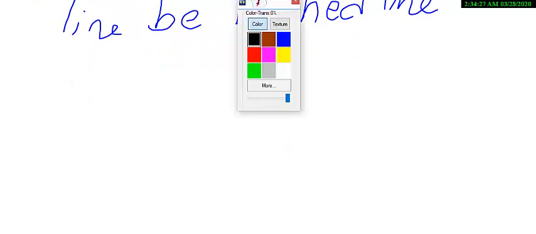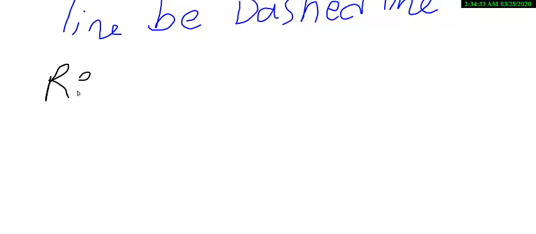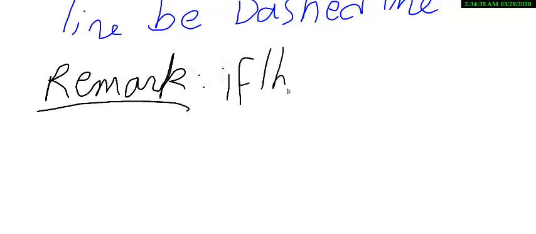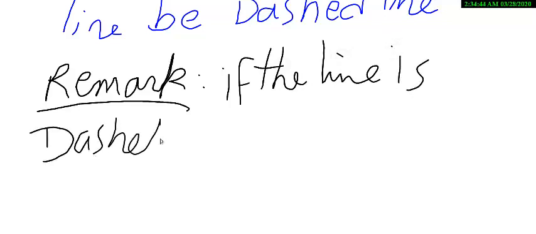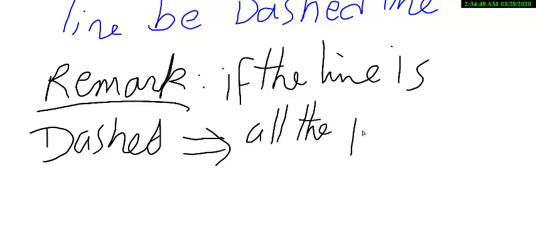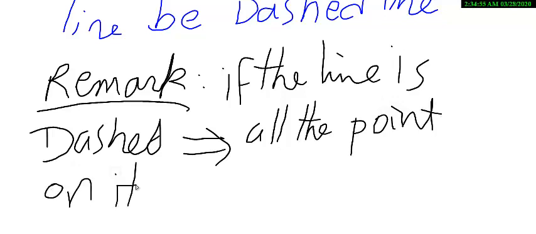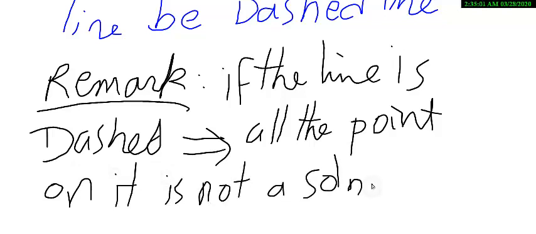So here we need to have a remark. Remark: if the line is dashed, it means that all the points on it are not a solution of the inequality.